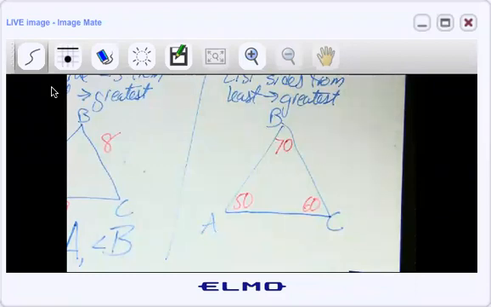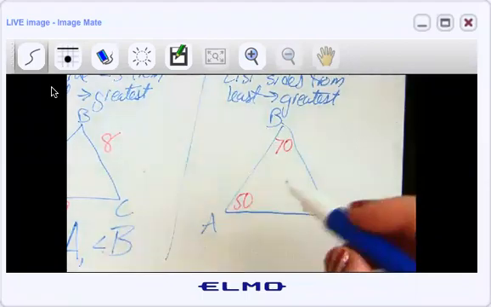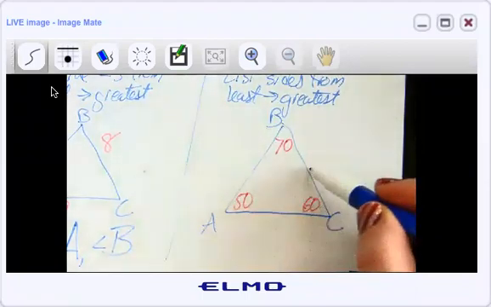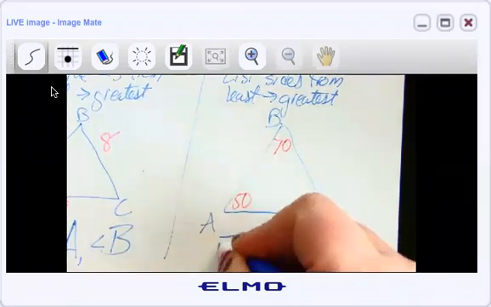What would be my smallest side? BC. Yes, because it's across from my smallest angle. Perfect. 50 is smallest. BC has to be the smallest side.